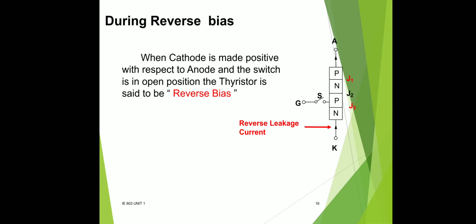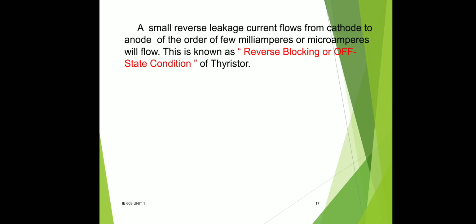In this case also a small reverse leakage current flows from cathode to anode, in the order of few milliamps to microamps. This is called reverse blocking or off-state condition.